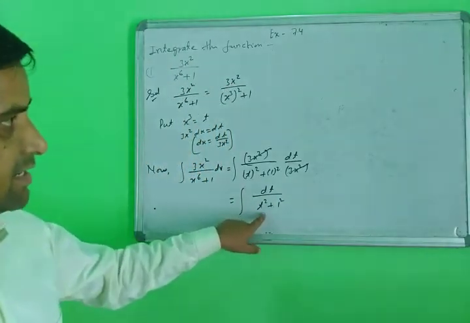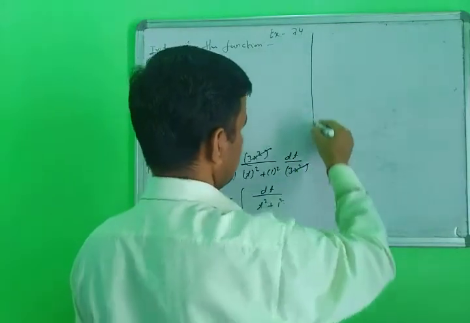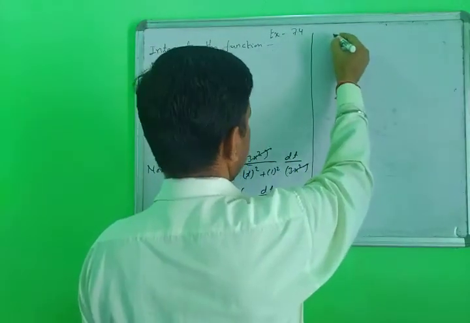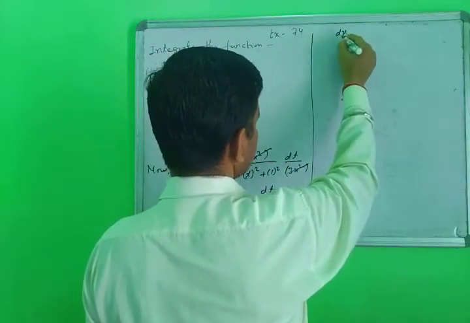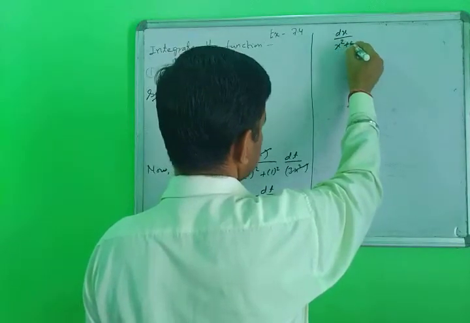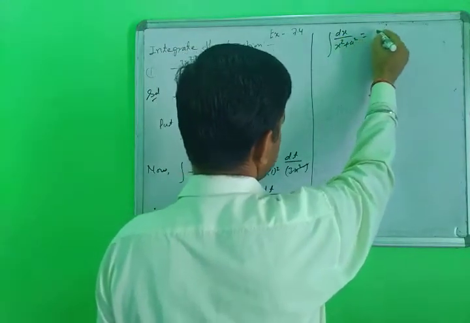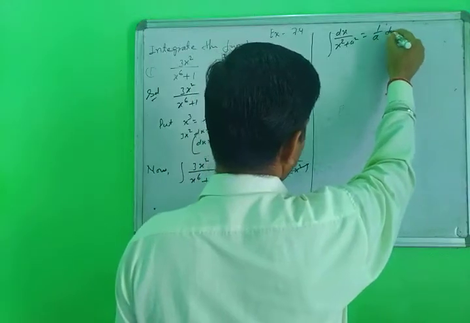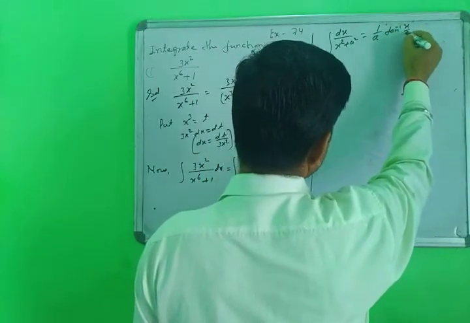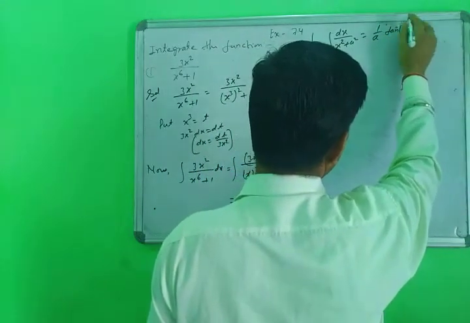Which identity are we using here? We are using the identity: integration of dx over x square plus a square is 1 upon a tan inverse x upon a plus c.